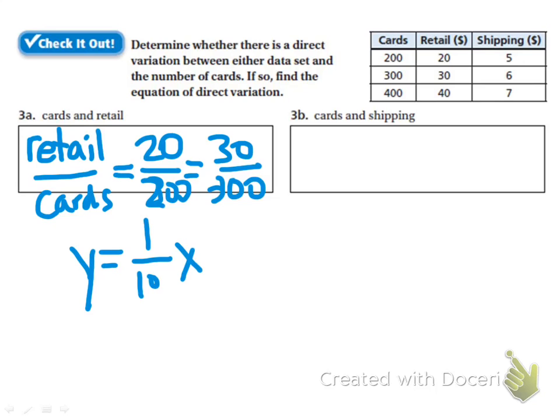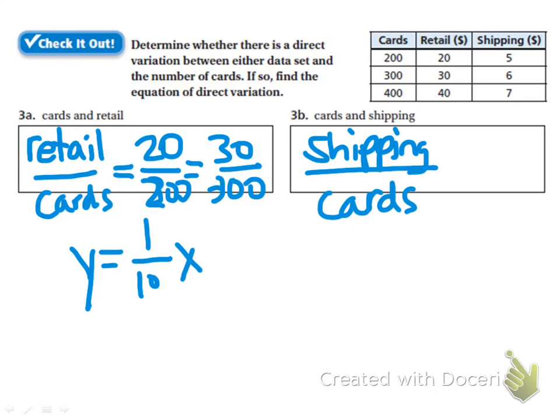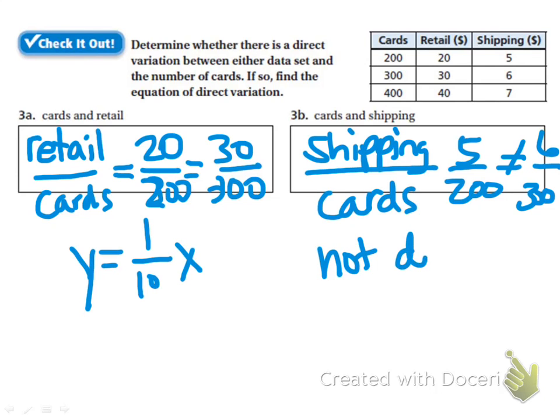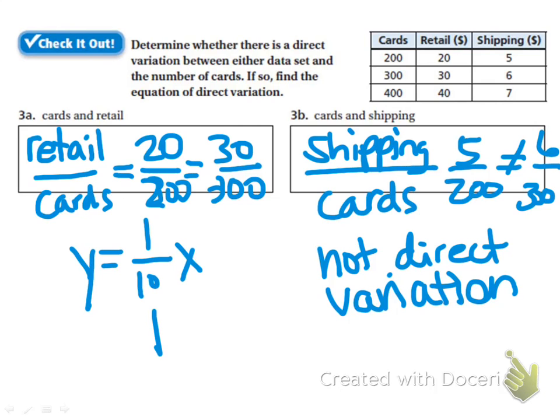For letter 3B, you should have done shipping over cards, and you should have found that 5 over 200 does not equal 6 over 300. So this was not direct variation. To be direct variation, there has to be a common constant. If there is not a common rate or constant, then it is not direct.